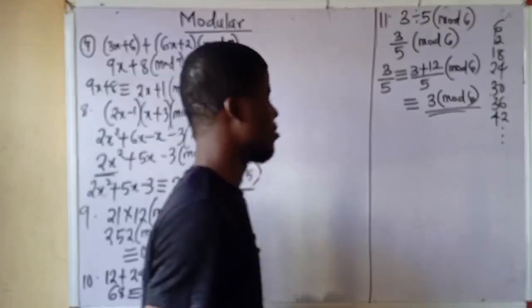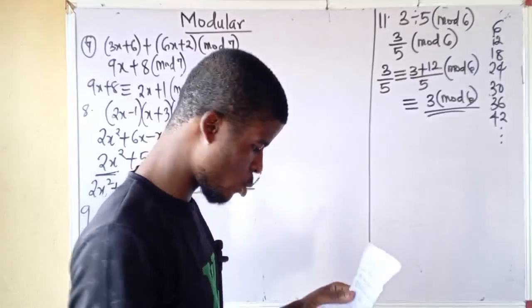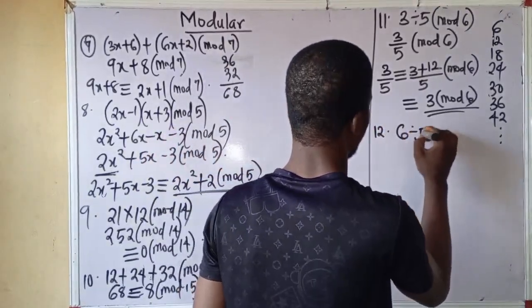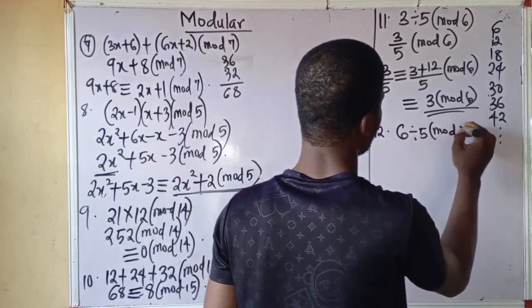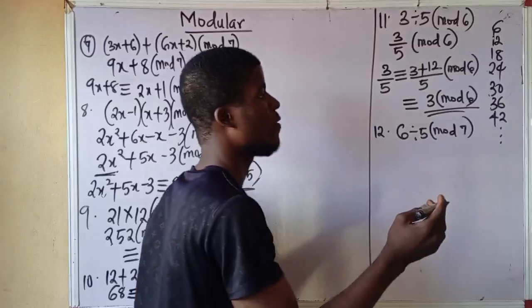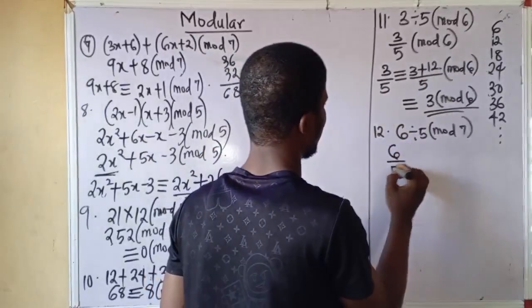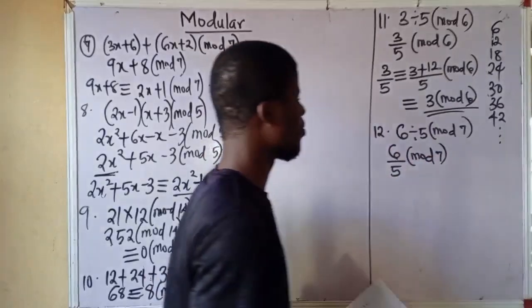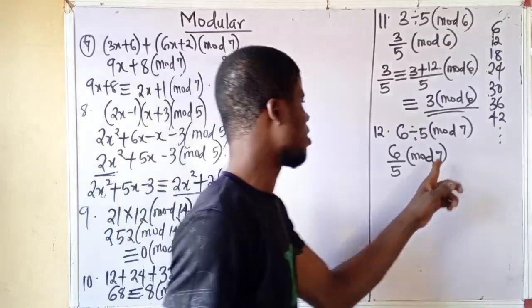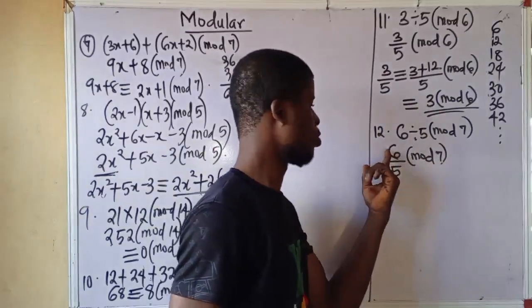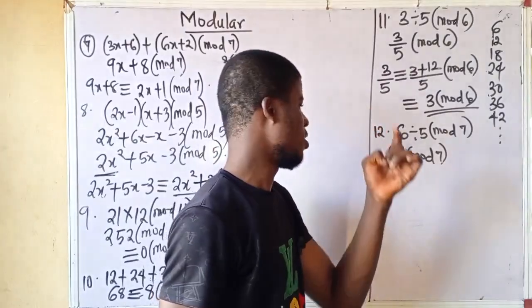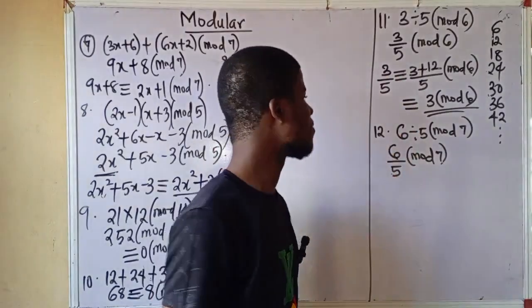That's it. Question 12. Let us do 6 divided by 5 modulo 7. In similar fashion, this is 6 over 5 modulo 7. So we are looking for the multiple of 7 that will be added to 6, such that the sum of that result is exactly divisible by 5.